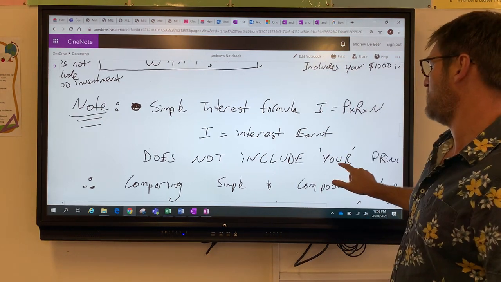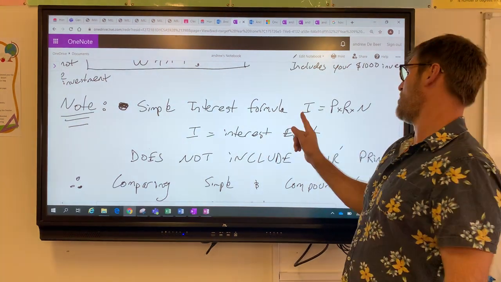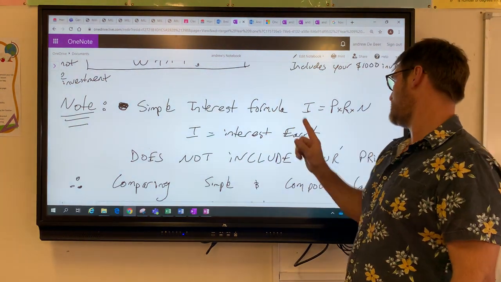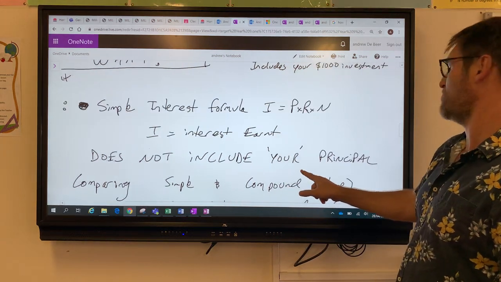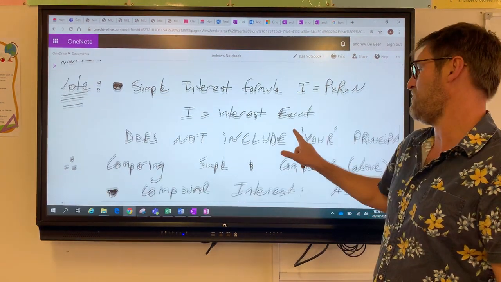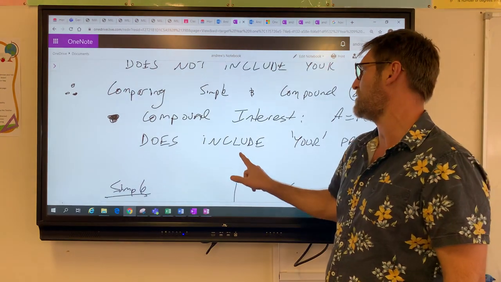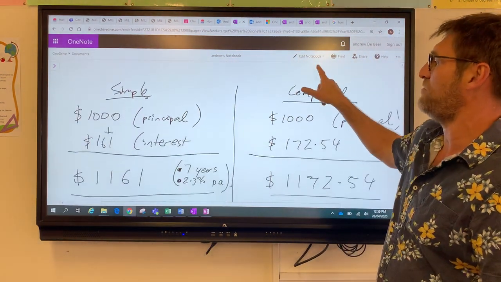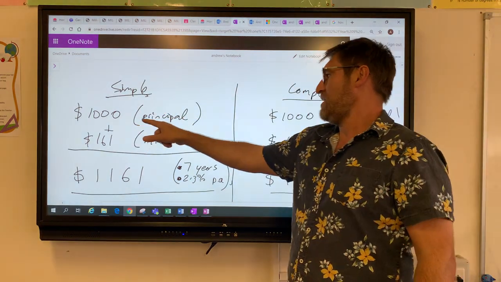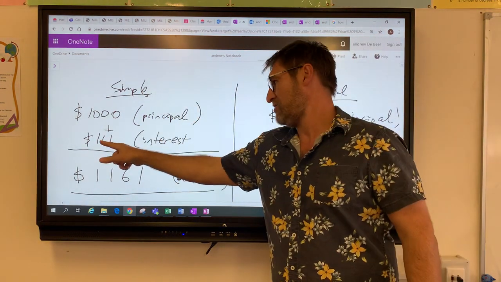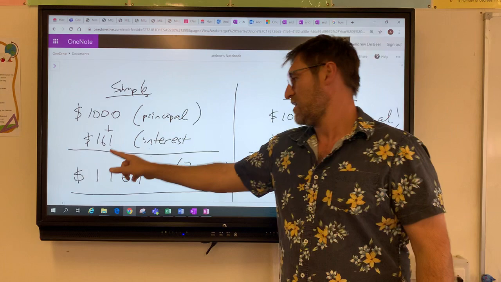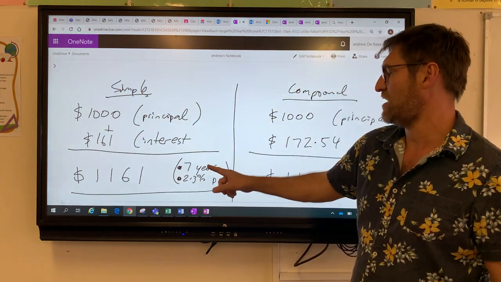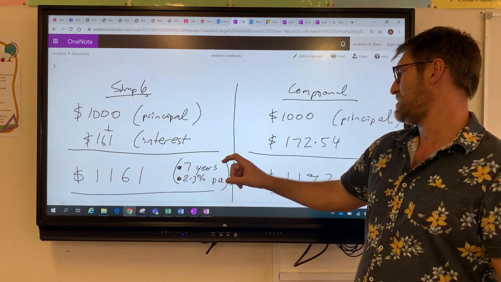Simple interest formula, I equals PRN, is just the interest earned. It does not include your principal, your amount of money, whereas the compound interest formula does include your money. So from the example above, your $1,000 is invested, you made $161 in interest, you got back $1,161 after 7 years at 2.3%.